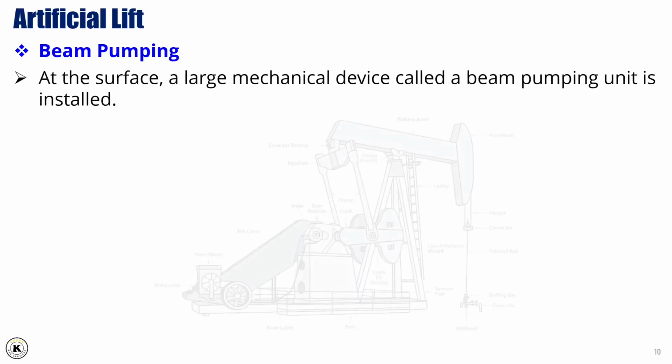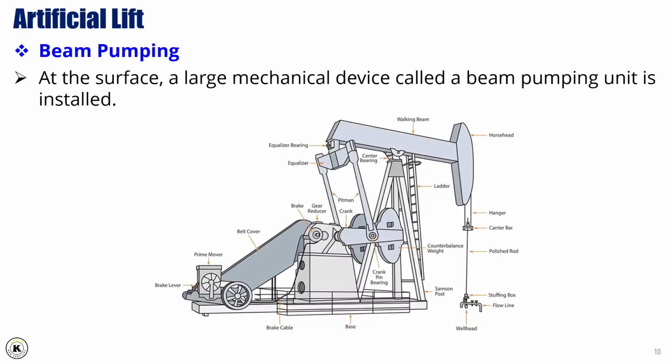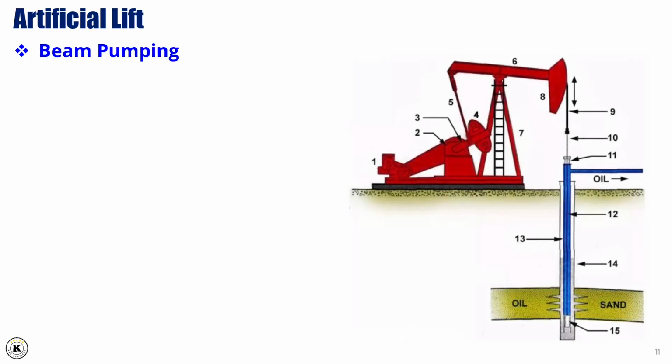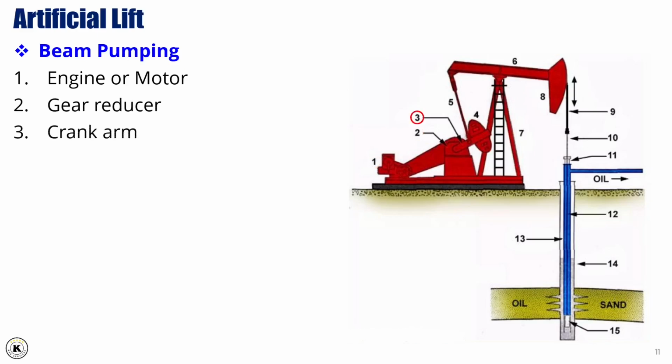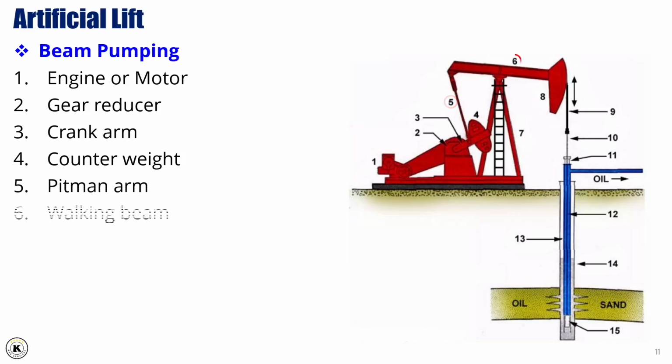At the surface, a large mechanical device called a beam pumping unit is installed. The beam pumping unit is essentially composed of 1. Engine or motor. 2. Gear reducer. 3. Crank arm. 4. Counterweight. 5. Pitman arm. 6.